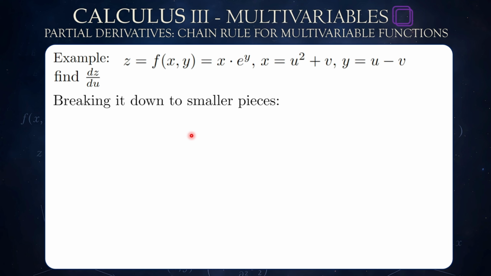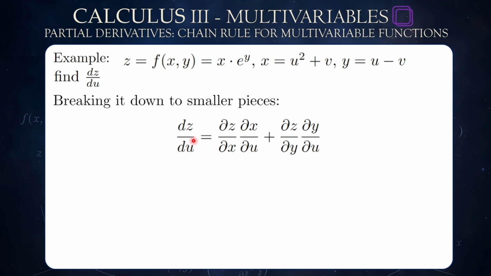Breaking it down into smaller pieces to make it even more simple. So to find dz over du, the formula again is dz over dx, or partial z over partial x, almost the same thing, times the derivative of x in respect of u, plus partial z over partial y times partial y over partial u.